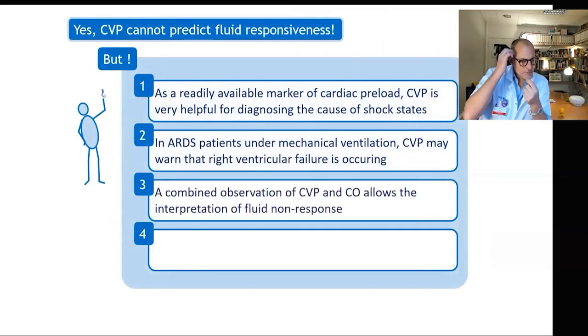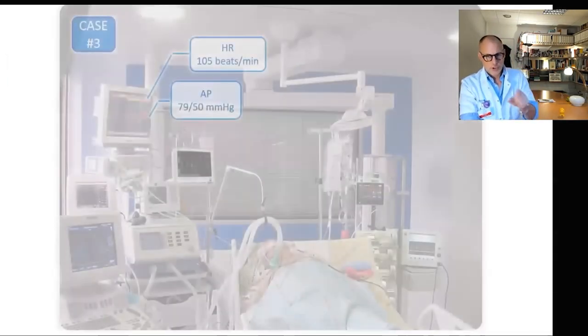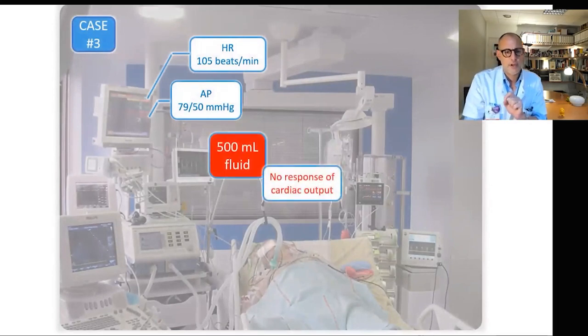Another way, which is a bit more complex to understand, to use CVP is to assess the response to fluid. I mean that a combined observation of CVP and CO, cardiac output, allows you to interpret the response and the non-response to fluid. Let's go back to the physiology of venous return, because what is the question?